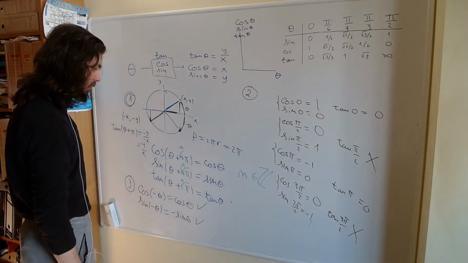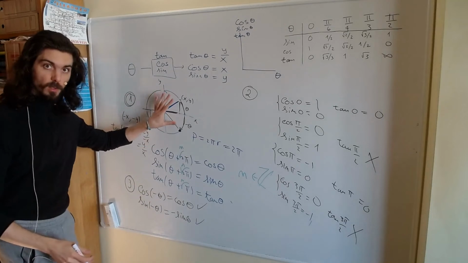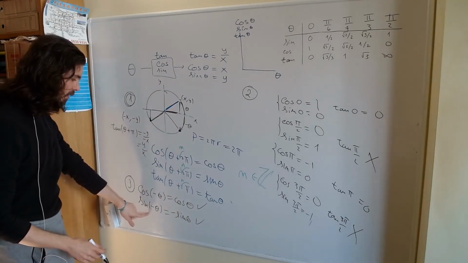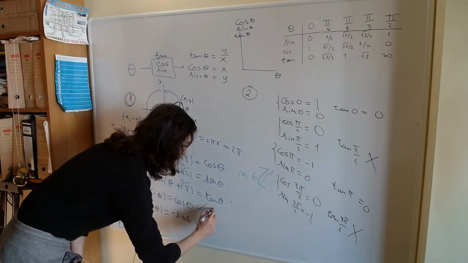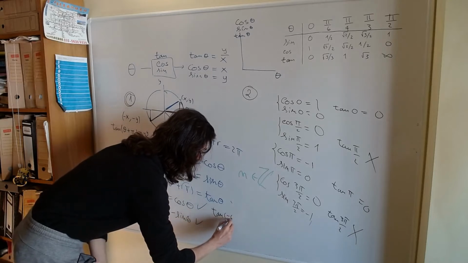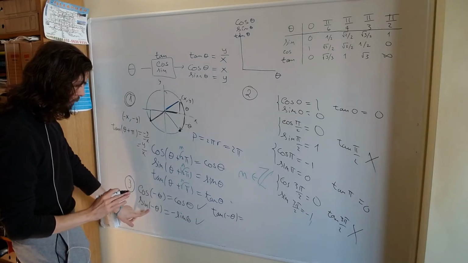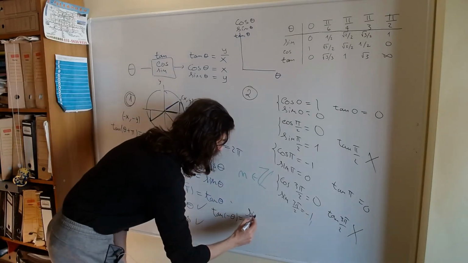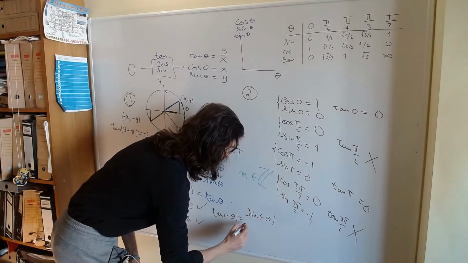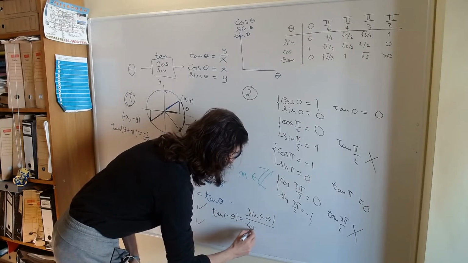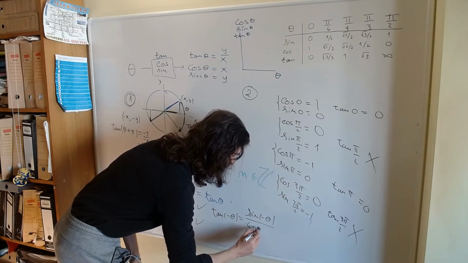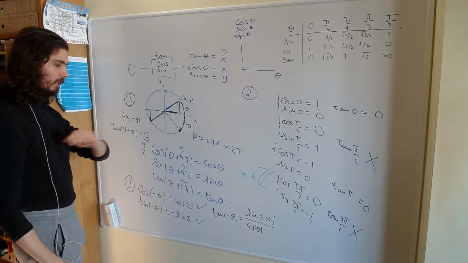What about the tangent? The tangent you can either look at graphically, like we did here, or you can derive it. Because tangent of minus theta is the ratio of sine minus theta by the cosine of minus theta, right? But what's the sine of minus theta?